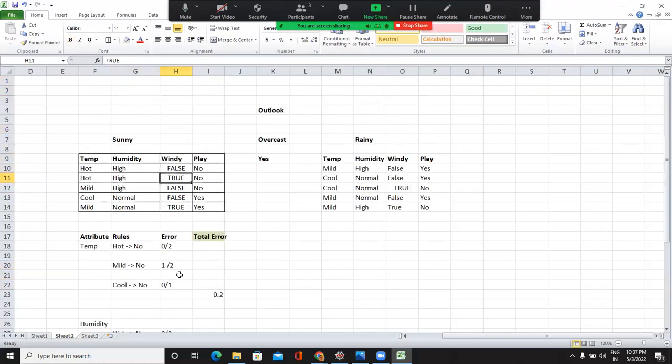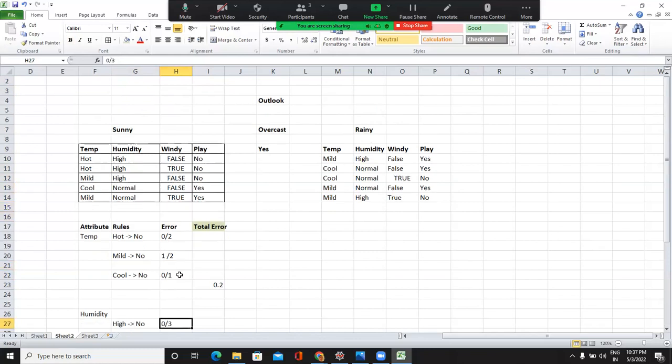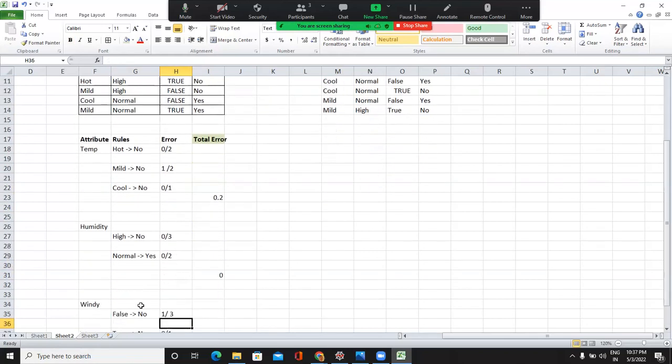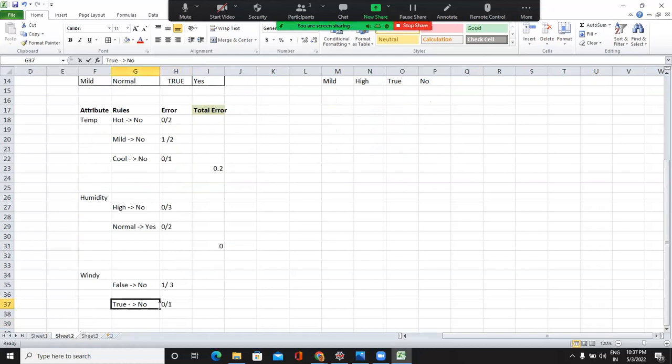True. Okay, there are two truths. If we say true equal to yes or true equal to no, either way it is 50-50. So we will be committing an error 1 time out of 2. So the total error will be 2 out of 5.